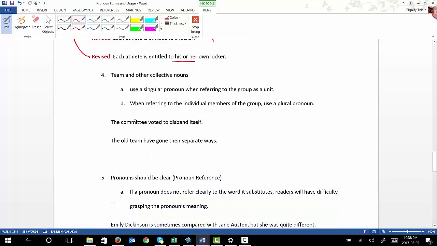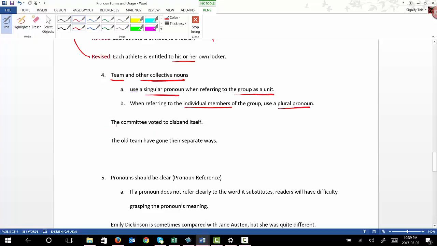Okay, the next rule is the same rule as with subjects and verbs, and that is when you have a team or other collective nouns, use a singular pronoun when referring to a group as a unit. And then when referring to the individual members of the group, you would use the plural pronoun.